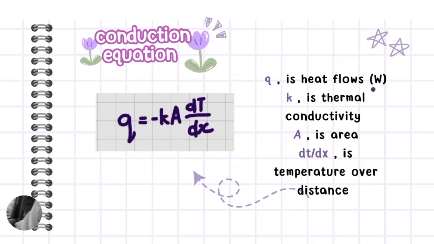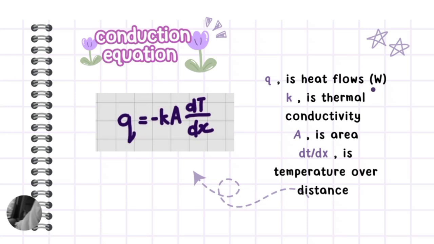And A is the cross-sectional area of the material in square meters. The larger the area, the more heat can flow through. And dT over dx is the temperature gradient, which shows how the temperature changes over a certain distance.